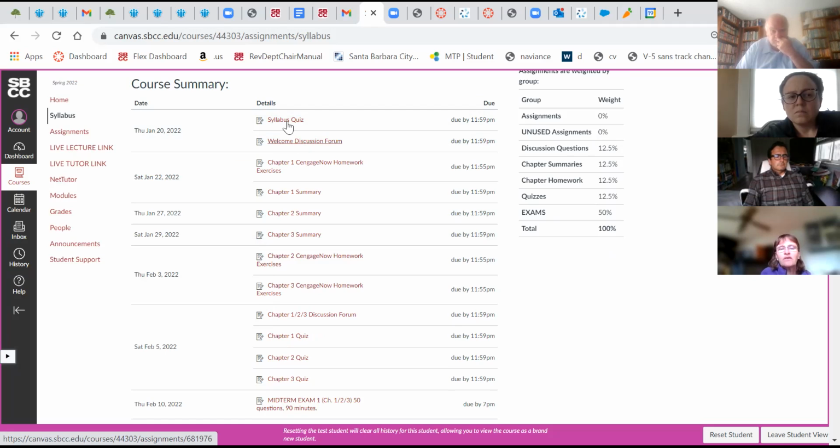Canvas only lists here the assignments that are graded, so that carry points. The things that we recommend, like the study guide, are not listed here because they don't have a due date, they don't have points, so you don't find them here.